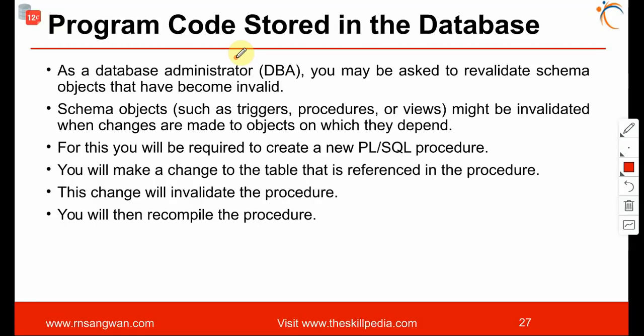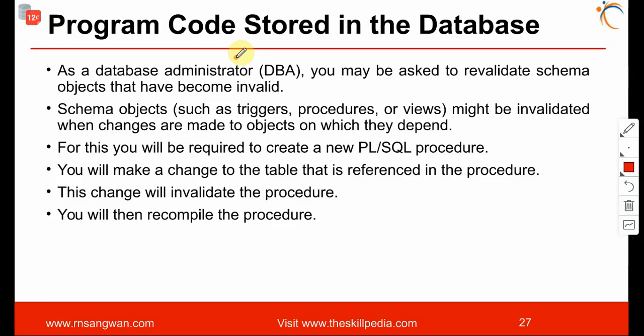What is the meaning of the statement? The statement is quite simple. You have triggers or procedures or views. You have created this view or trigger on some table, right? Of course you have the right to alter the table, alter the view, right?